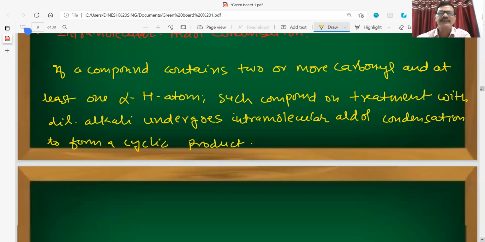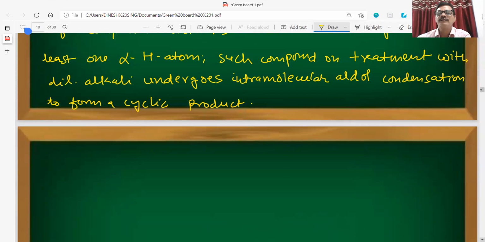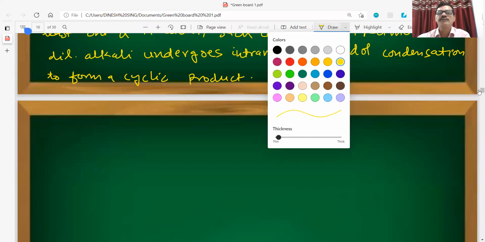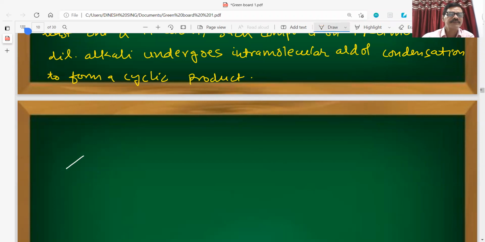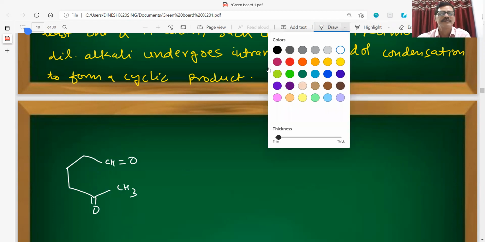So here we can see, suppose we are having this compound. This is CHO. This is C=O, CH3. So here this is 1, 2, 3, 4, 5, 6. So here we can do the numbering.